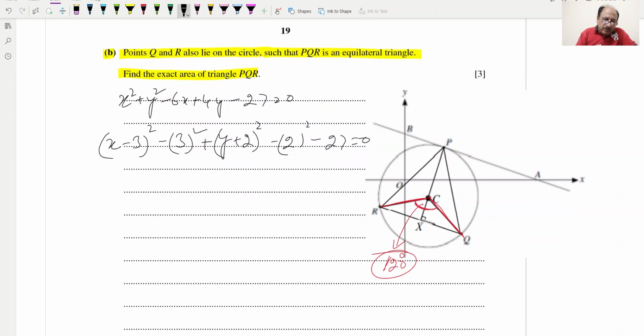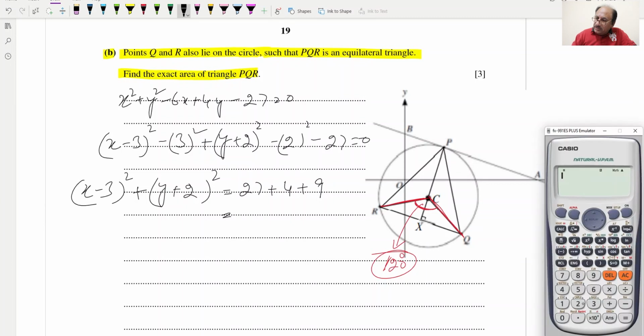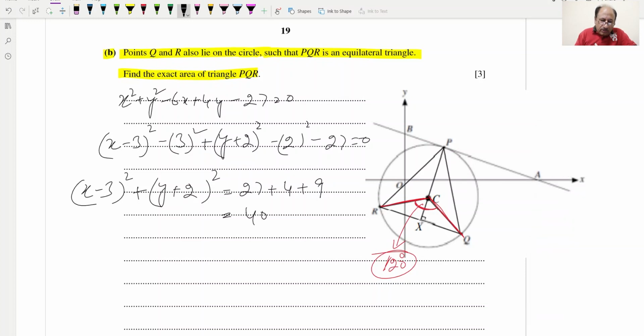Now from here we can find the radius: x minus 3 squared plus y plus 2 squared is equal to 27 plus 2 squared, which is 4, plus 3 squared, which is 9. So 27 plus 4 plus 9 is equal to 40. So r squared is equal to 40, so the r value will be root of 40.